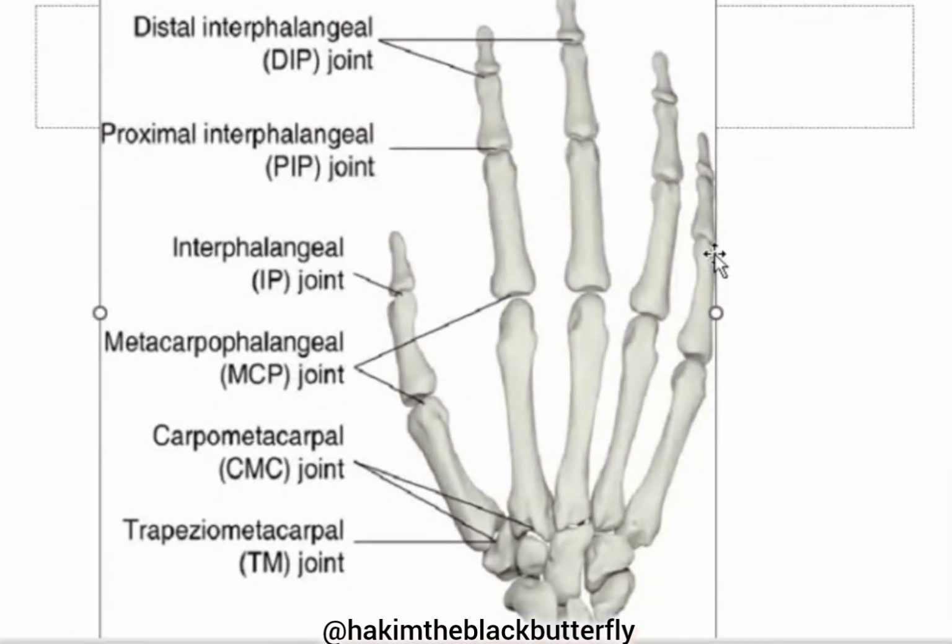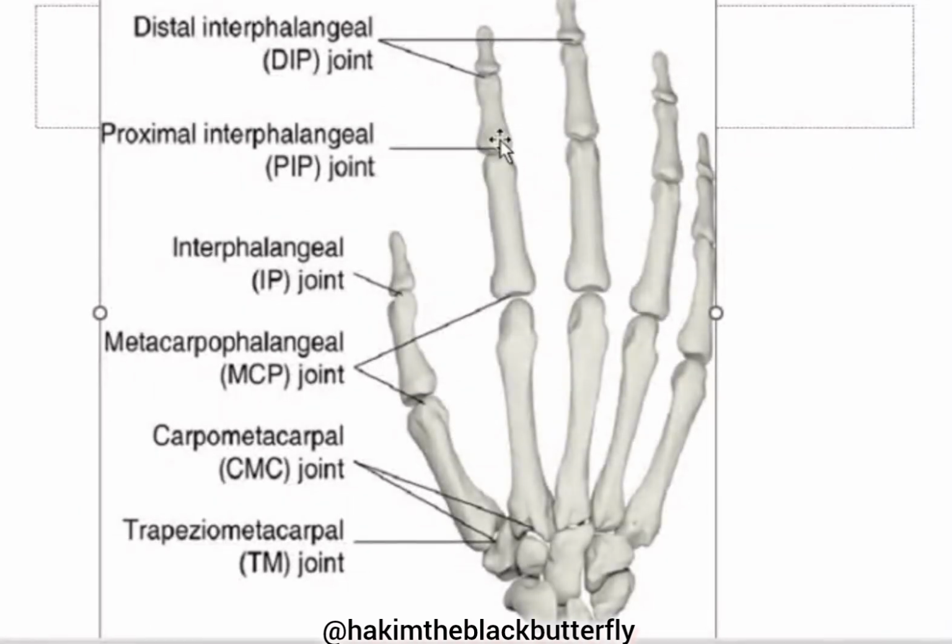You're going to find out that digit number 5, which is the small finger, digit number 4, which is the ring finger, digit number 3, which is the middle finger, and digit number 2, which is the index finger, they have 3 phalanges and 2 interphalangeal joints.